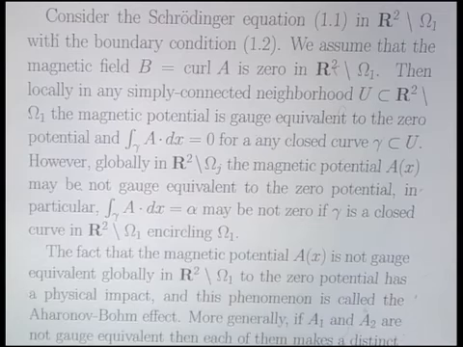Therefore, in any simply connected neighborhood outside of the obstacle, your magnetic field can be eliminated. Yes, this is a gradient. So locally the situation is that this electromagnetic field is equivalent to zero magnetic field.